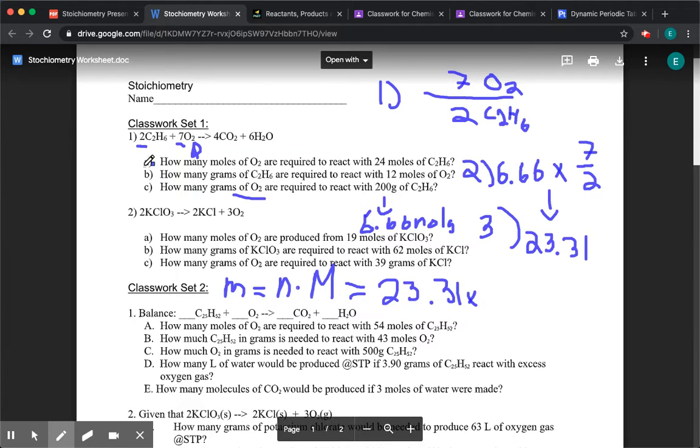So it is not 16, it is 32. So you multiply this out together, and you will get your final answer from this. So this is 745.92. That is your final answer.